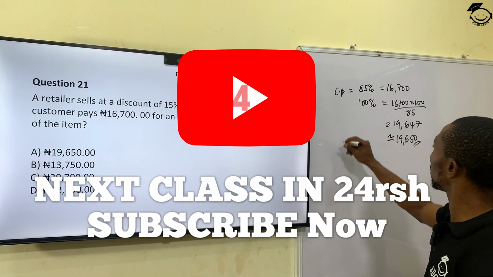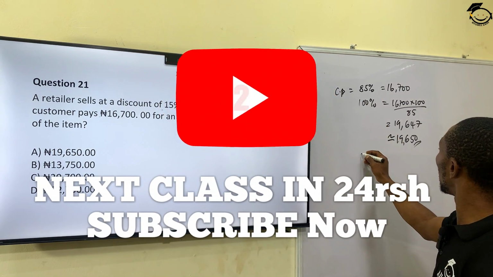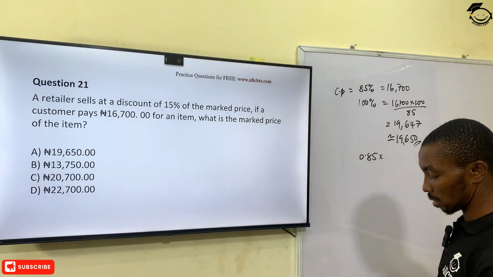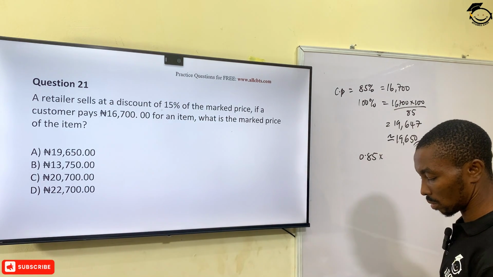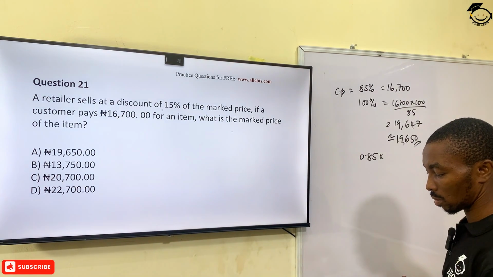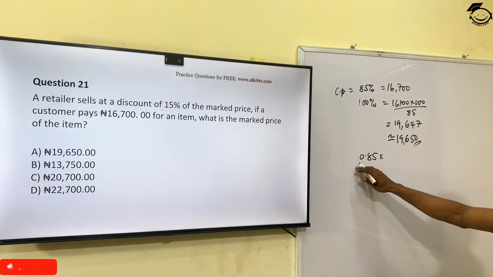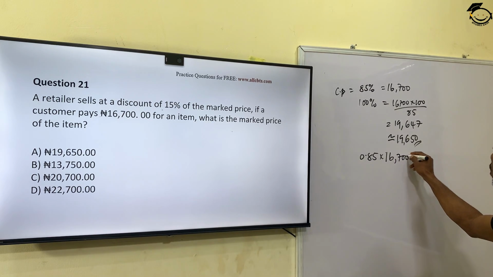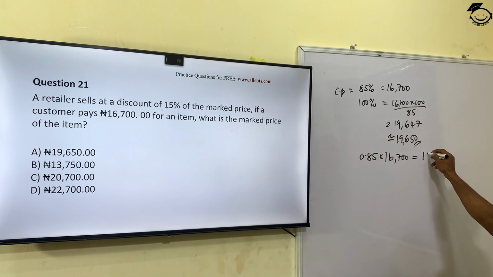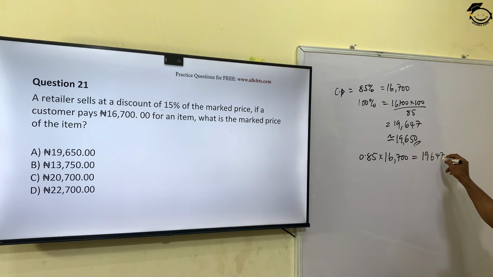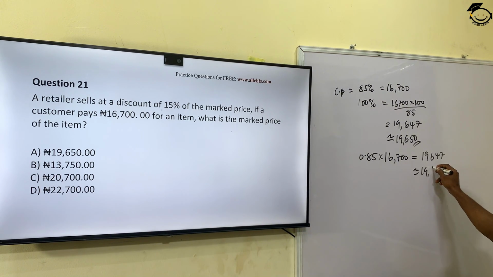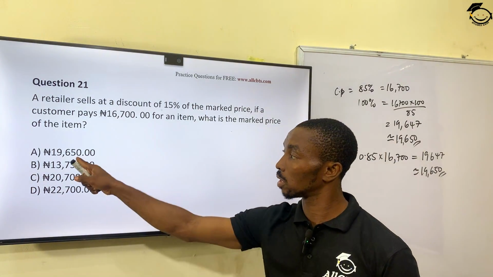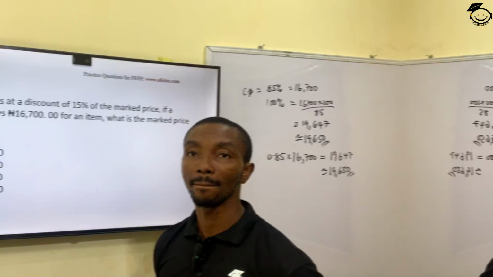Or we can change this to be 0.85 times the marked price to get the same value of 19,647, approximately 19,650. So our answer will be 19,650, which is option A.